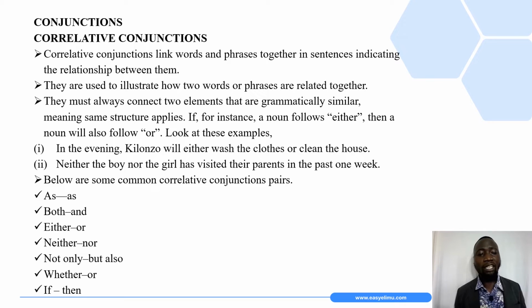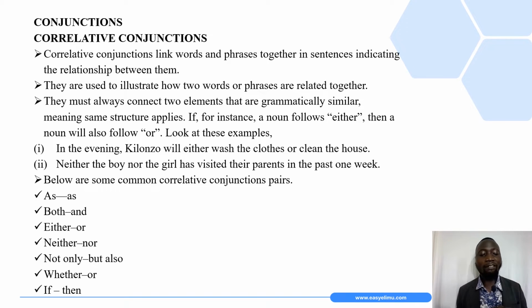So apart from either or, neither nor that we have used in our examples, we also have some common correlative conjunctions that are normally used in English grammar. So the first one is as, as. Then both goes with and. There are also these two pairs that we've looked at, either or, neither nor.